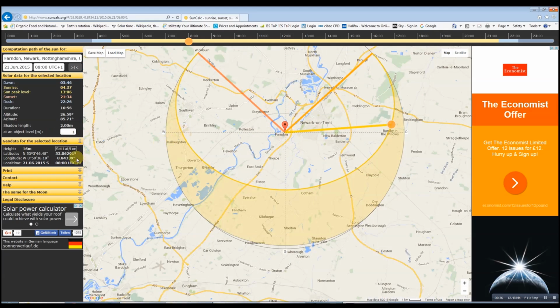I've put the exact coordinates in, which are shown down here, the longitude and latitude, and it tells me that on the 21st of June 2015 at 8 o'clock UTC plus 1 hour, the altitude was 26.59 degrees and the azimuth was 85.71 degrees.